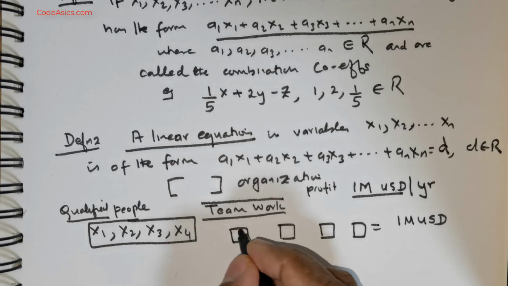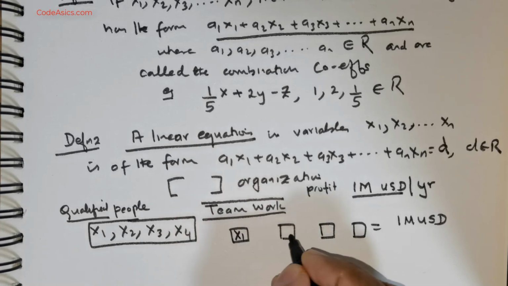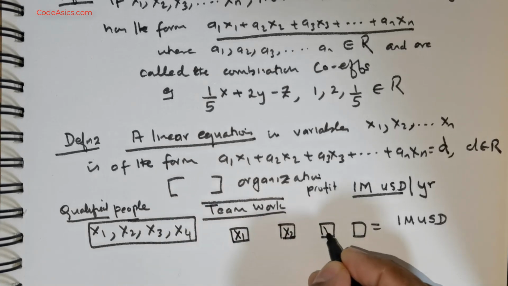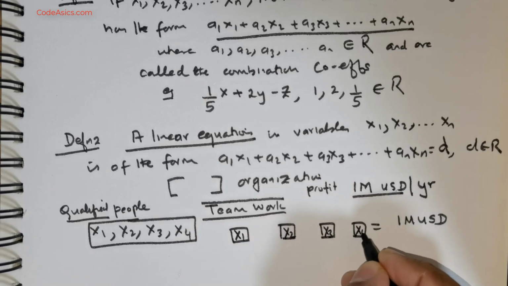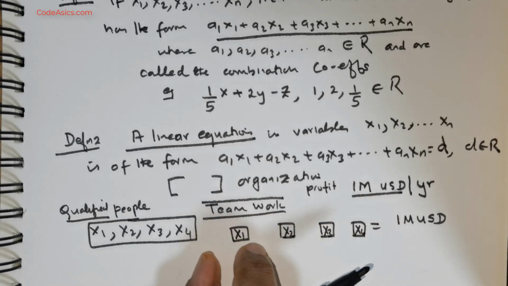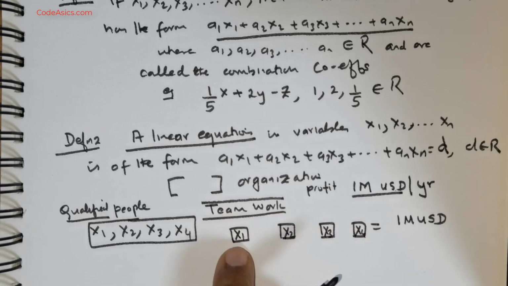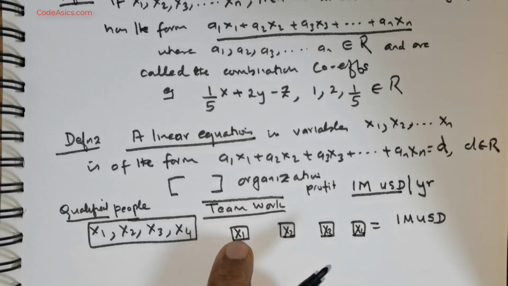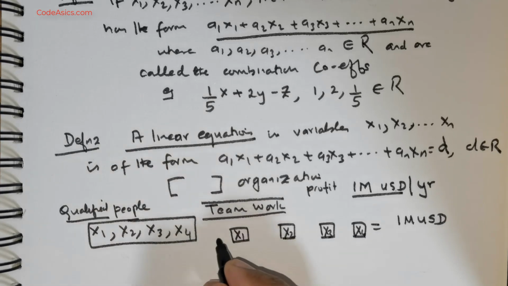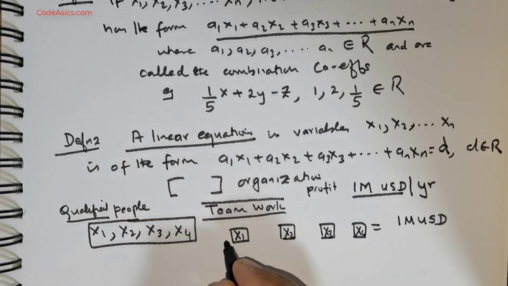The company is going to take in the professionals X1, X2, X3 and X4 and give them different responsibilities. To the first variable X1, the company is going to allocate a resource, say organizing events.